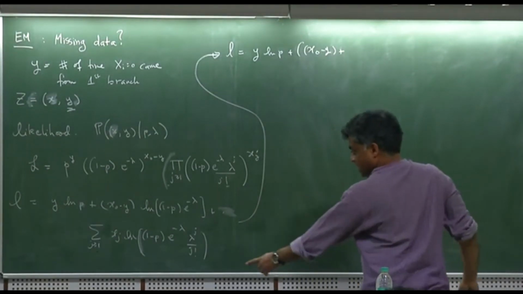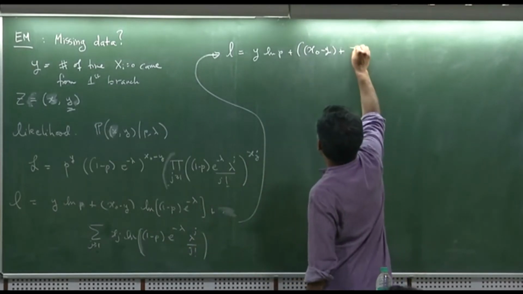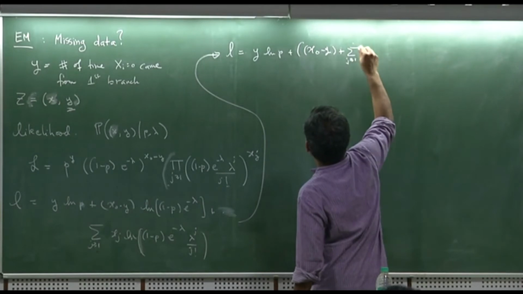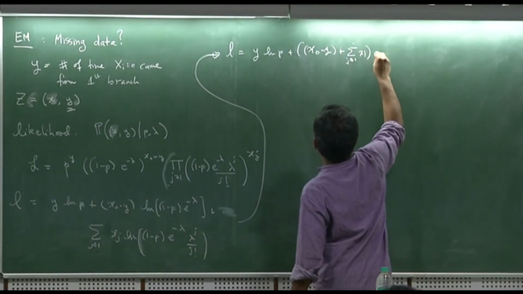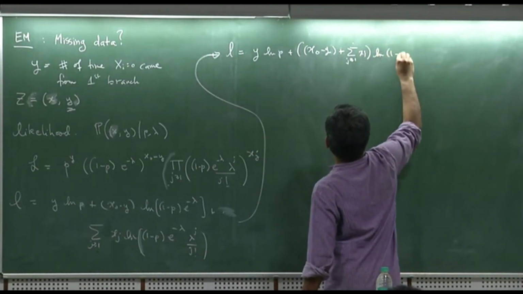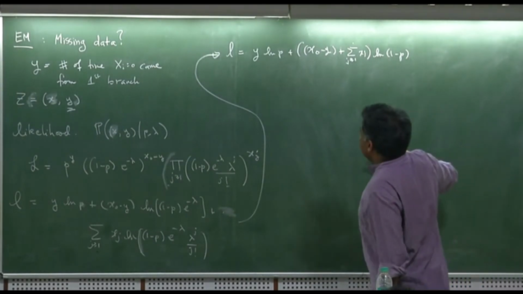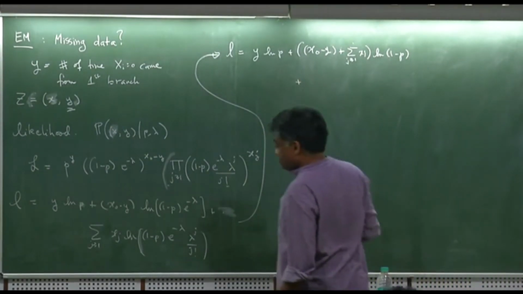Plus, I get a bunch of them from here, summation over j greater than or equal to 1 of xj log 1 minus p. Hopefully no errors have been made. So those are the terms that involve p, and then there will be a term that involves lambda. So let's put them together.